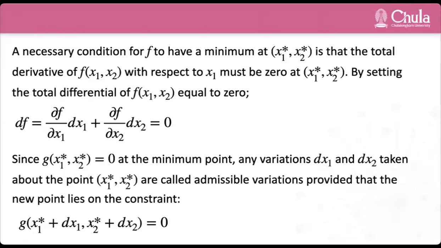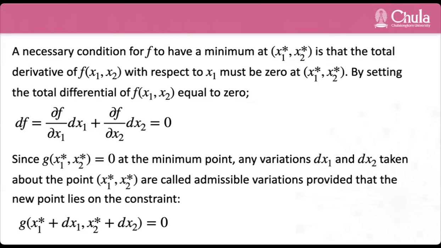Consider the case where we have only 2 dimensions, and df must be 0 at that point. You move in one direction, you have to compensate with the other direction. df becomes 0 always, because f is constant at that point.